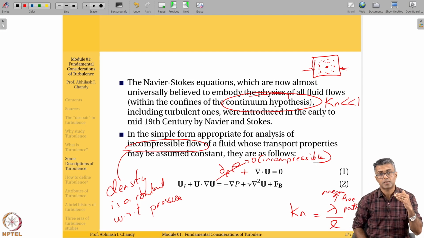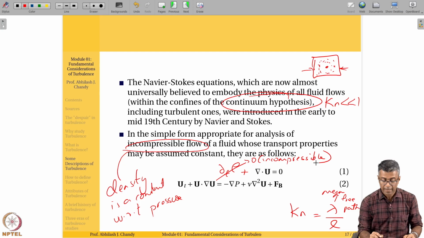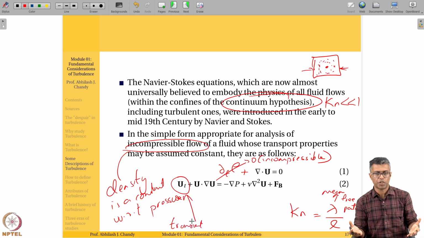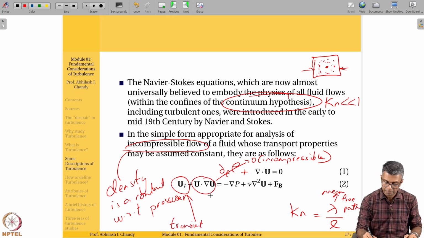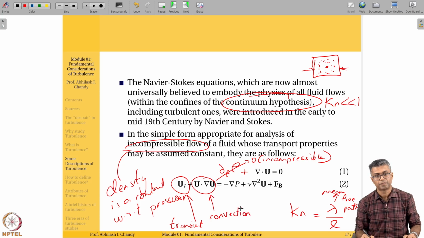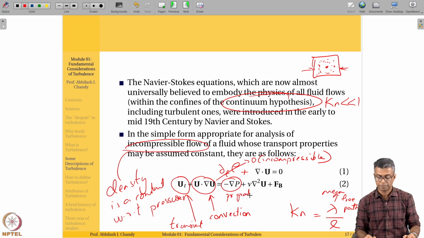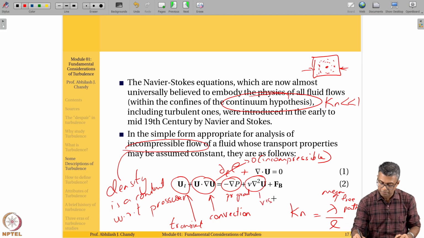The second equation is the momentum equation. I have u_t, the first term. This is the transient term, the time rate of change of velocity. The second term is the convection term. The third term is the pressure gradient, grad p. The fourth term, the second term on the right hand side, is the viscous term.